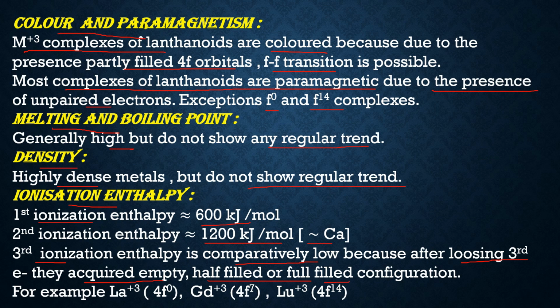For example, La+3 has f0 configuration, that is empty configuration. Gd+3 has f7 configuration, half-filled configuration. Similarly, lutetium+3 has f14 configuration, that is full-filled configuration. That is the reason that their third ionization enthalpy values are comparatively low.